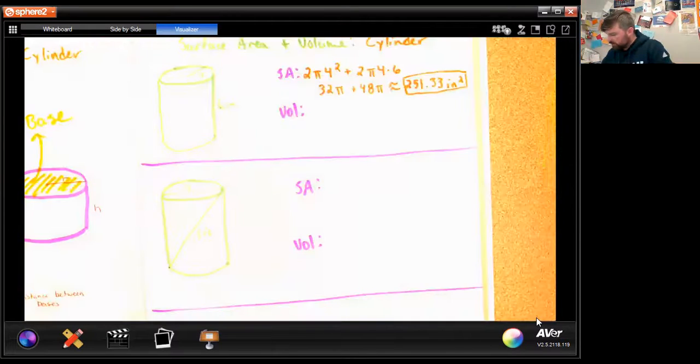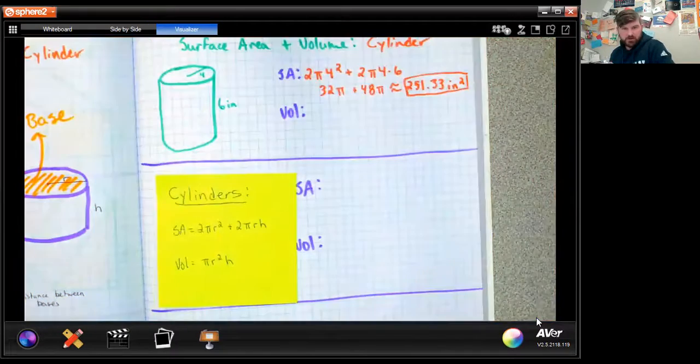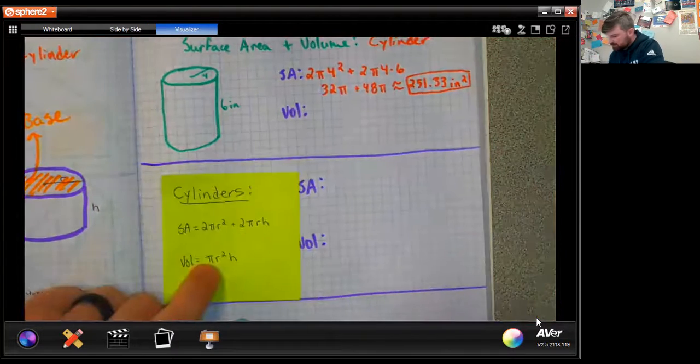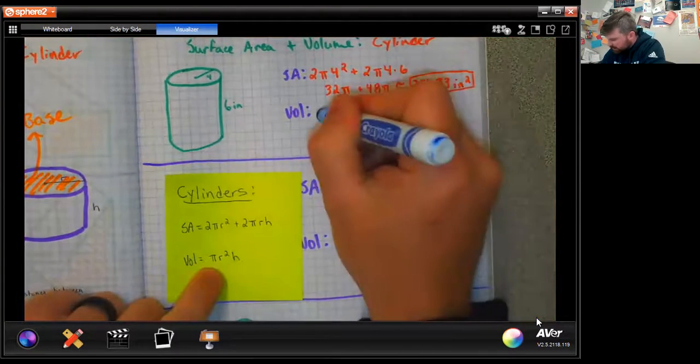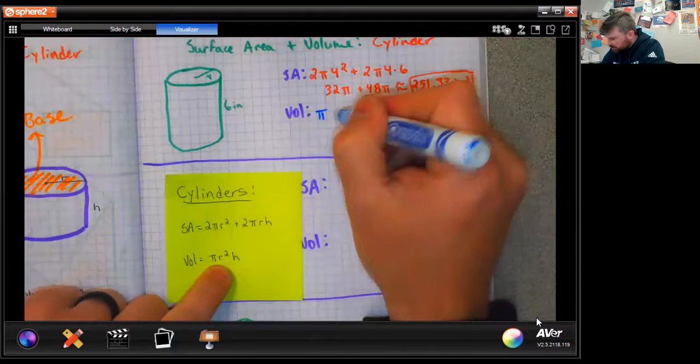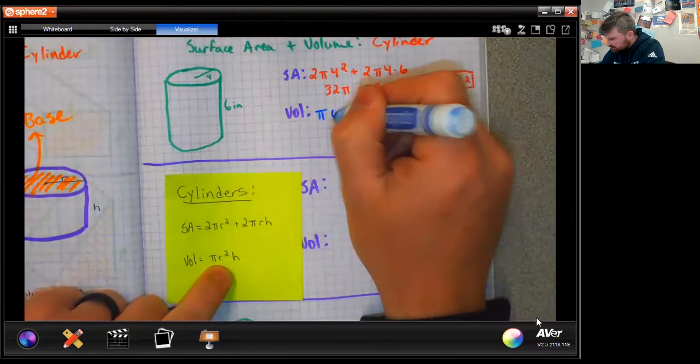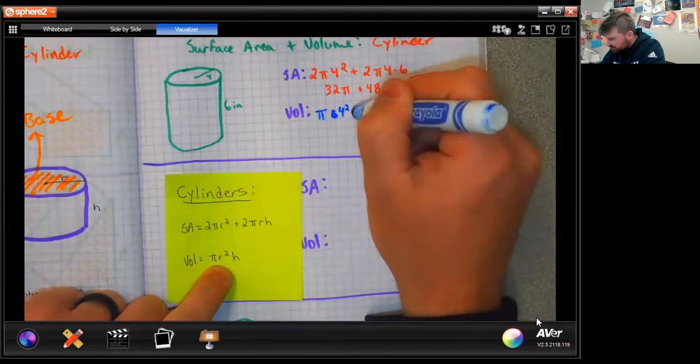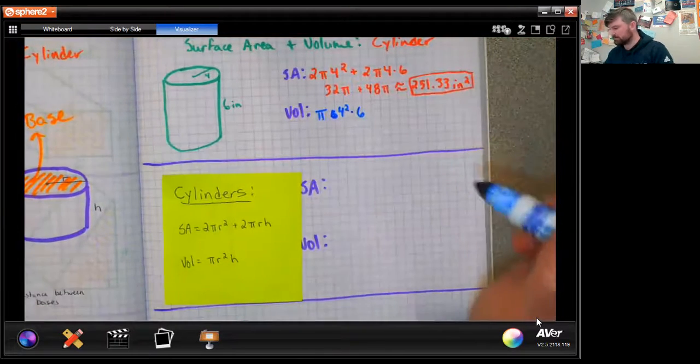Now for volume here, I'll put this back up here. For volume, we have pi r squared h. So pi r squared, r is 6, nope, r is 4 squared times h, which is 6.